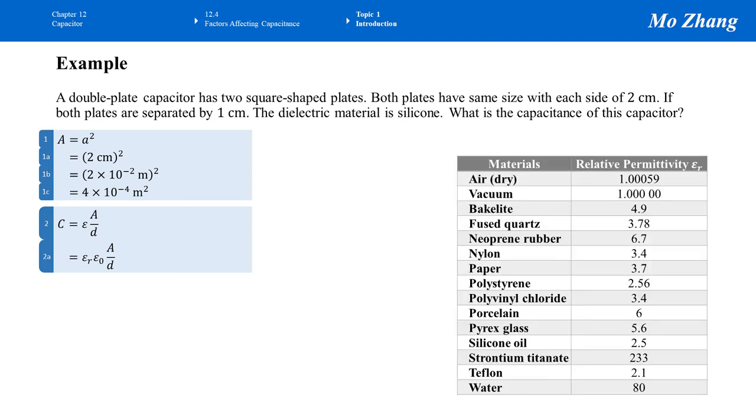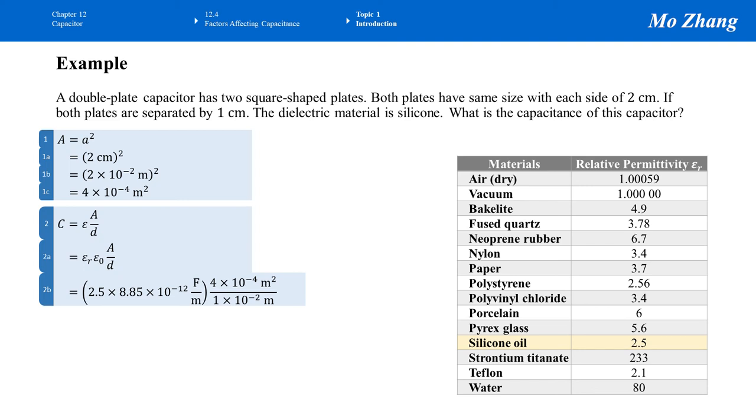Since we are using silicon, which has a relative permittivity of 2.5, 2.5 multiplies epsilon 0, the permittivity of vacuum. That is 8.85 times 10 to the power negative 12. The unit is farad per meter.